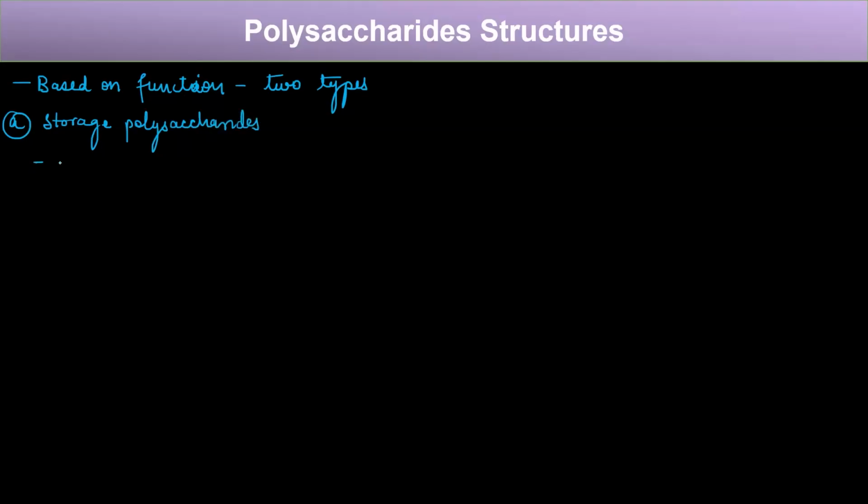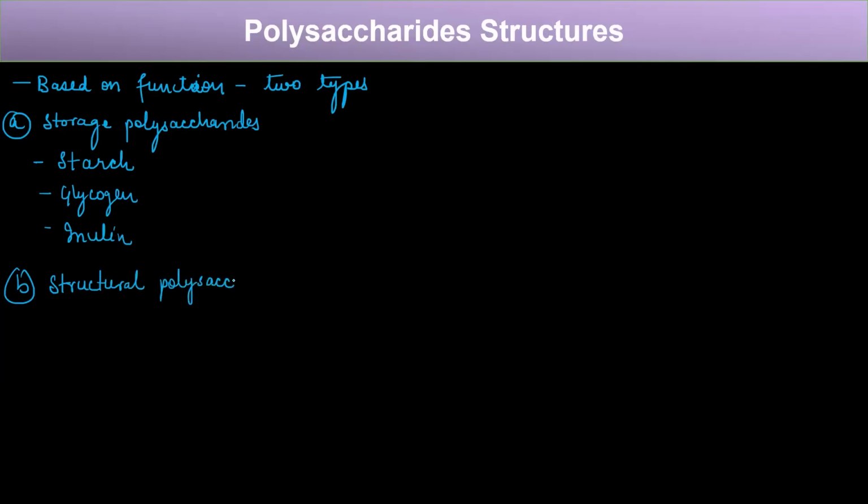The examples are starch, glycogen, and inulin. The second is structural polysaccharides. There are multiple examples, but the major ones are cellulose, chitin, and peptidoglycan.